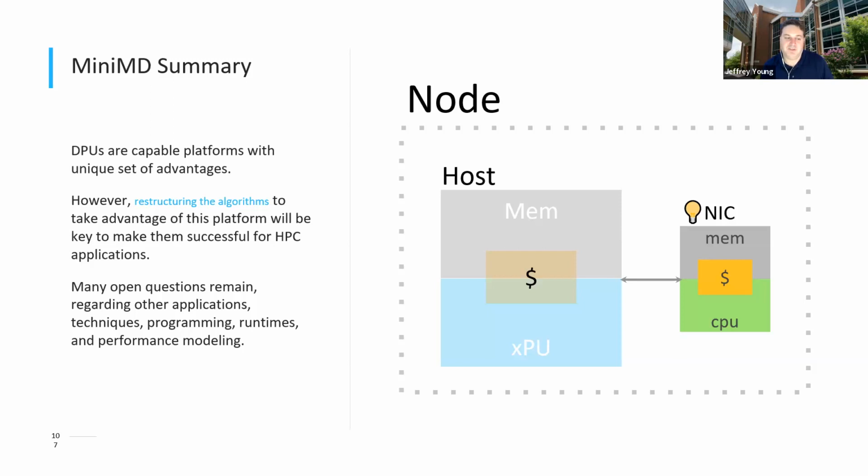I think Dimitri did some of that with P3D FFT, converting from blocking to non-blocking. That is a type of algorithmic restructuring. Here with MiniMD, we've done a more extreme example where we tried to move as much of the computation and communication to the Bluefield and overlap things wherever possible.